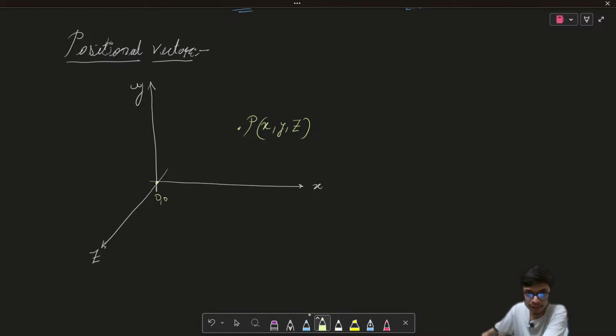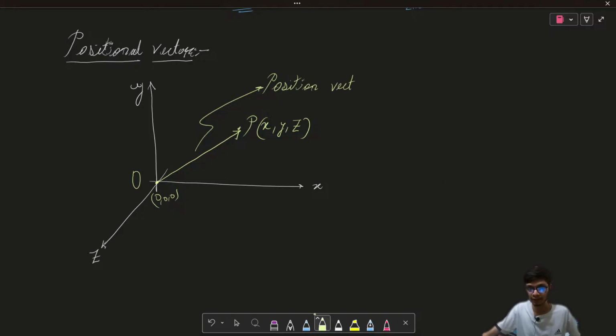Now if I join the origin with this particular point P, the vector I obtain by joining this point P with the origin is therefore referred to as the position vector. So the position vector is a vector which connects the origin to that particular point in the coordinate axis, right? That is what we discussed in our previous understanding.